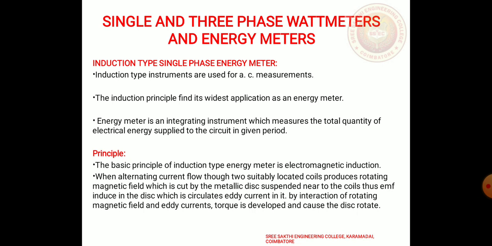Definition of energy meter: an instrument used to measure the energy consumed in a given circuit is called an energy meter. The unit is watt hour or kilowatt hour. Types of energy meters: there are four types used: electrolytic energy meters, motor meters, clock meters, and electronic energy meters.